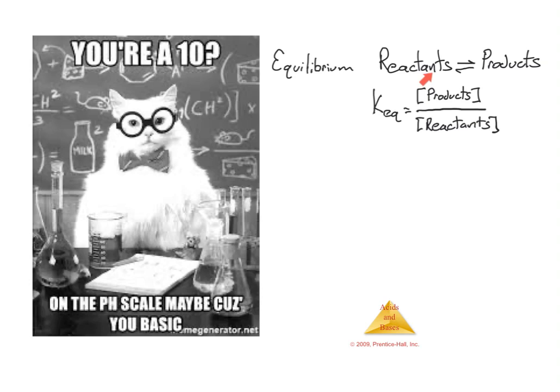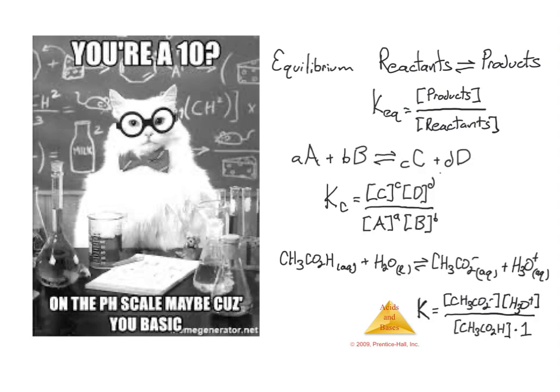Once they reach equilibrium, we say that the rate of the forward reaction is equal to the rate of the reverse reaction. From here, we can set up the equilibrium constant expression, capital K. K, or in this case, KEQ, equilibrium constant, is equal to the concentration of the products over the concentration of reactants.